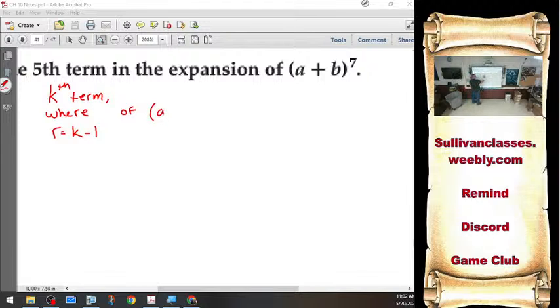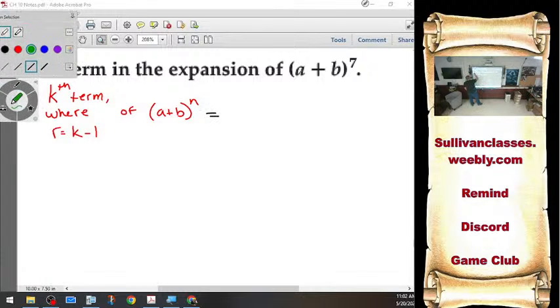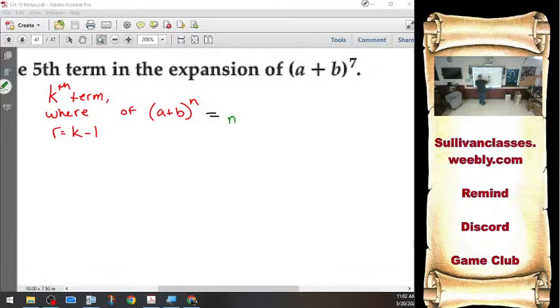The kth term of a plus b to the n is nCr a to the n minus r b to the r. It is a formula. Okay. It's just a formula.